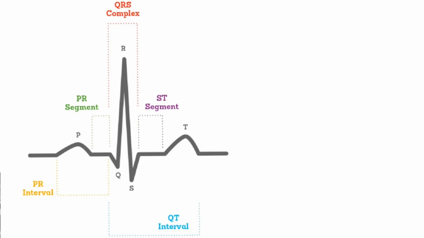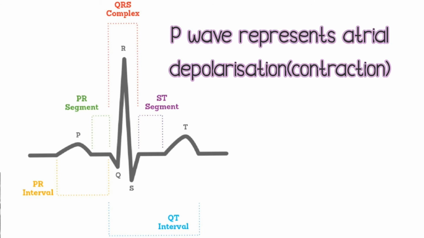The electrical signal begins at the SA node and travels to the right and left atria, causing them to contract and pump blood into the ventricles. This is the P wave on the ECG. The P wave represents atrial depolarization. That is, the spread of impulse from the SA node to the atrial muscles causes the depolarization.